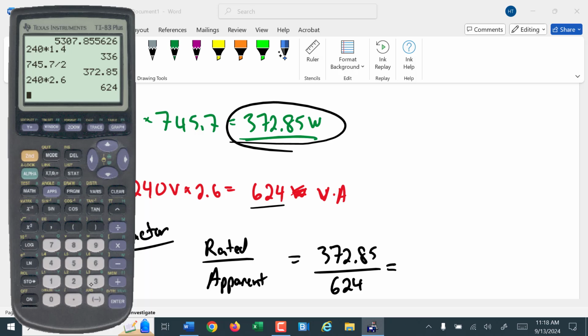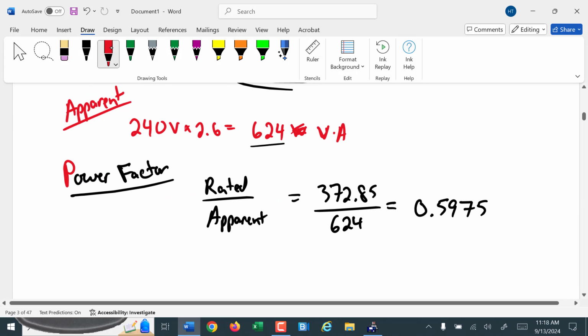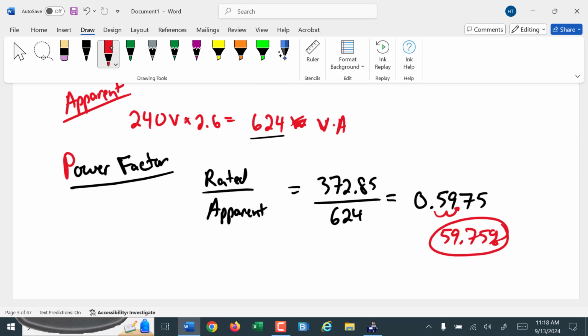So we take 372.85 divided by 624, and we get 0.5975. We should go 4 digits at least on that, and then convert it into a percent. To make it a percent, just move that decimal over 2 spots. So what this is saying is the actual power of this motor is only 59.75% of the apparent power draw if you go at max voltage and max current.